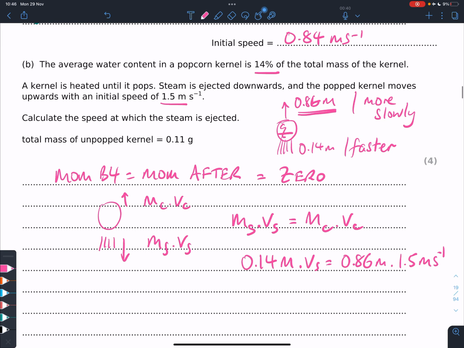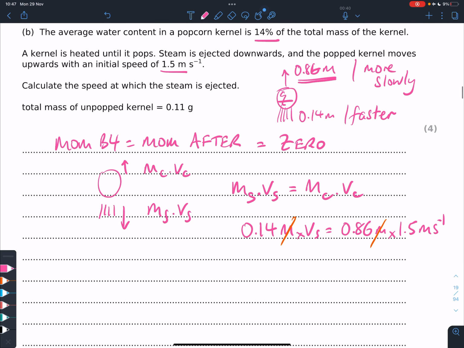Right, we can cancel out the m's because they're the same on both sides of the equation. And again, if you're not following this completely, these are times signs. Sometimes it's confusing if you've got decimals, fair enough. So the velocity of the steam is equal to 0.86 divided by 0.14 times 1.5 meters per second.